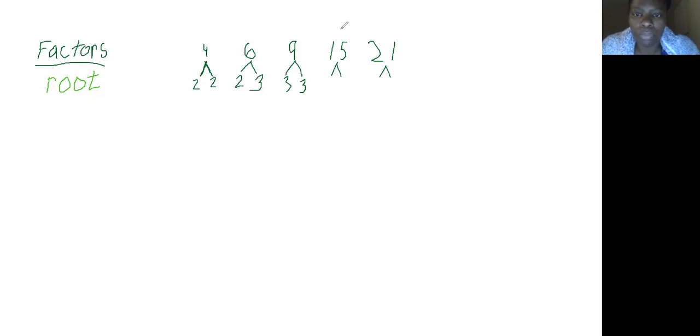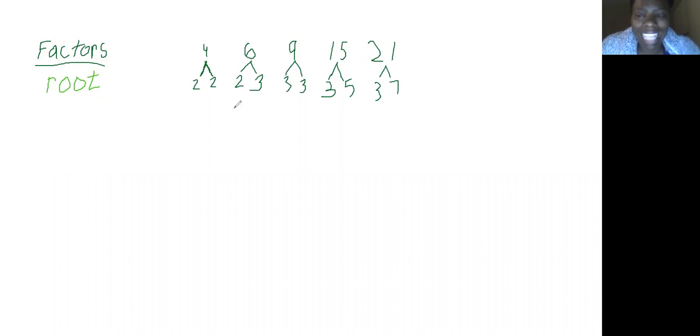Okay, so the factors of 15 are 3 times 5, all right? And the factors of 21 are 3 times 7. Okay?